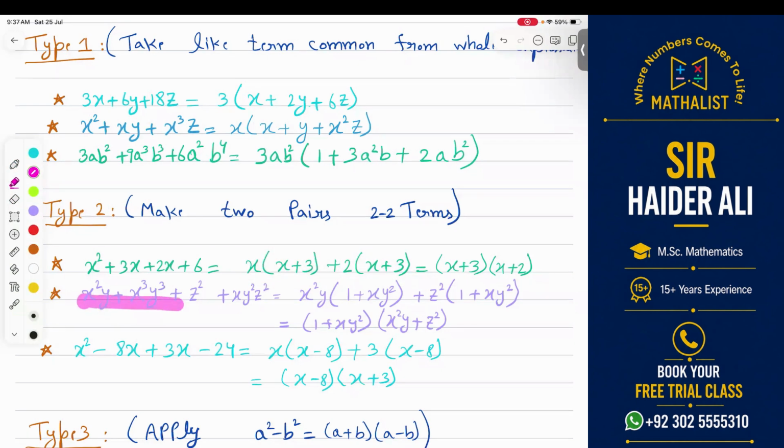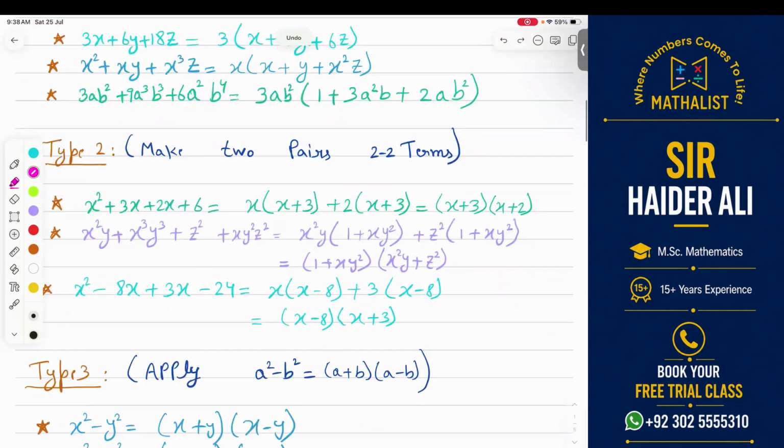Similarly here, for this question, these are 2 terms, and you can take x square y common from here, and in the next 2 terms, z square is common. After that, you can observe in the first term and in the second term, 1 plus xy square is common. Inside you have x square y plus z square, this one.